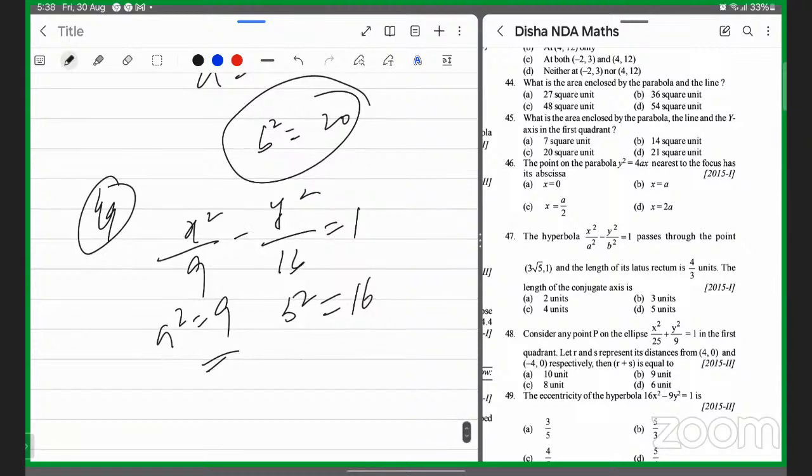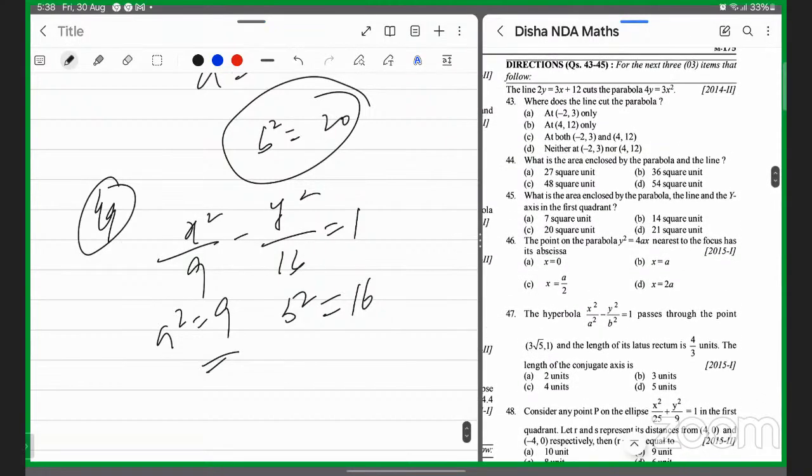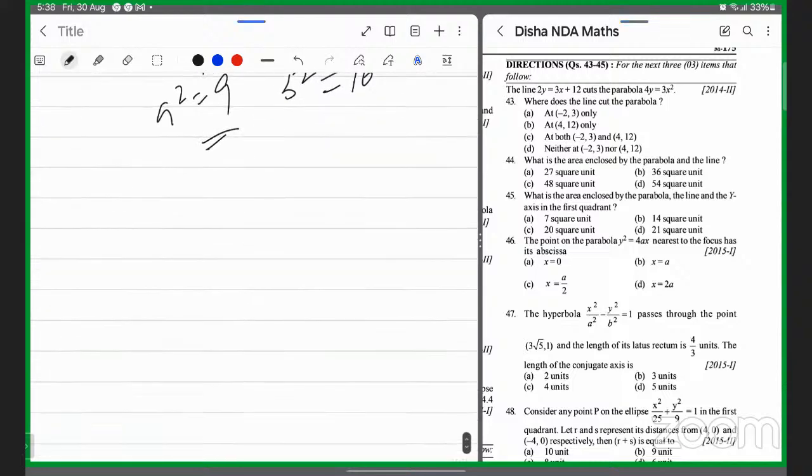That's the vertex 0, 0, abscissa is 0. Any problem? 46 and 45. What is the area enclosed by the parabola and the line? Enclosed by the parabola, the line and the y-axis in the first quadrant. Tell me.